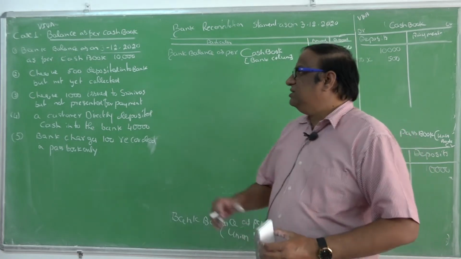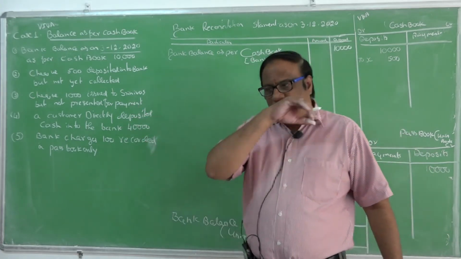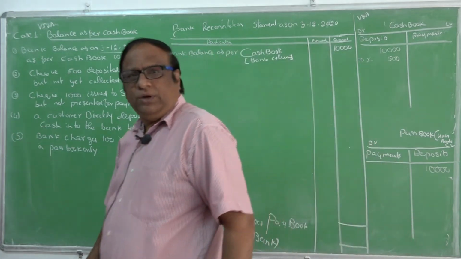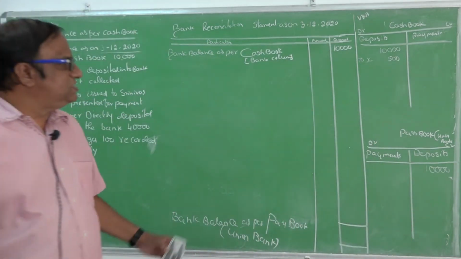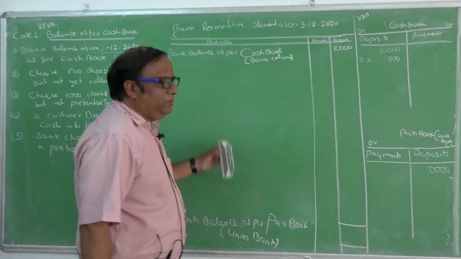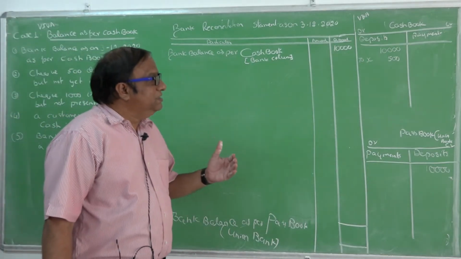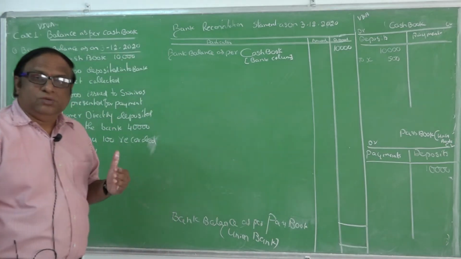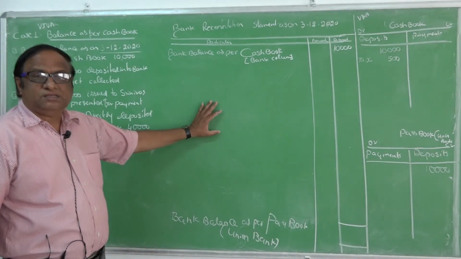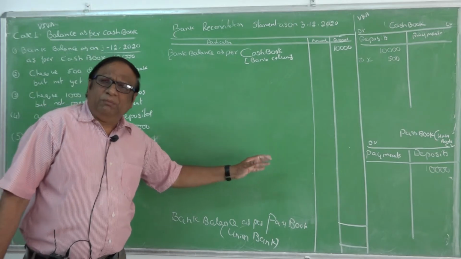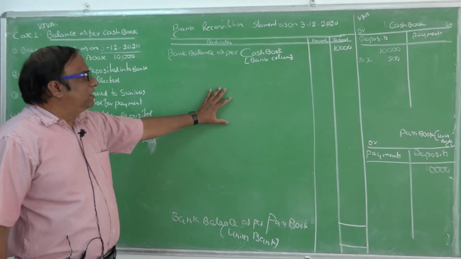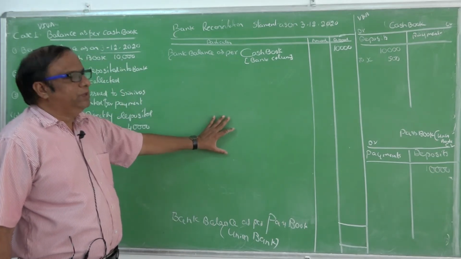If differences show, then management will ask the accountant what the reasons for the differences are. Then the accountant will prepare a statement to show the reasons for the difference. It is not a ledger, not a subsidiary book, not a bill of exchange, it is only a rough paper. We are going to prepare it on rough paper.